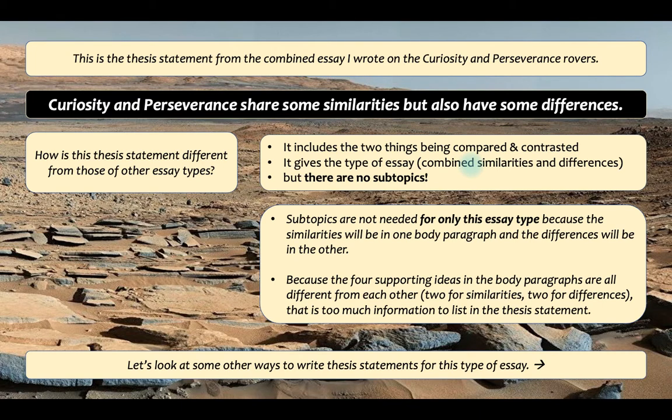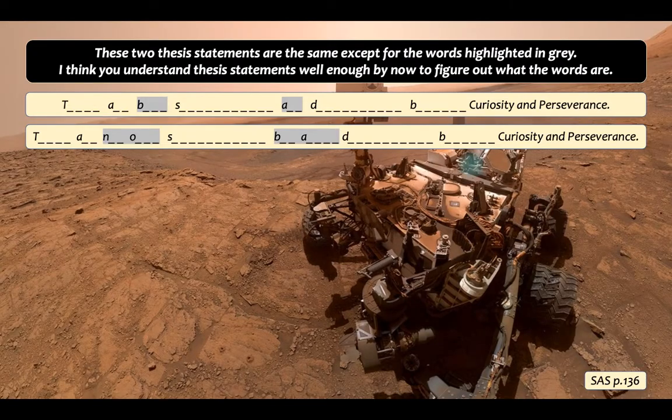Okay, so let's look at some other ways to write thesis statements for this type of essay. These 2 thesis statements are the same except for the words highlighted in gray. And I think you understand thesis statements well enough by now to figure out what the missing words are.